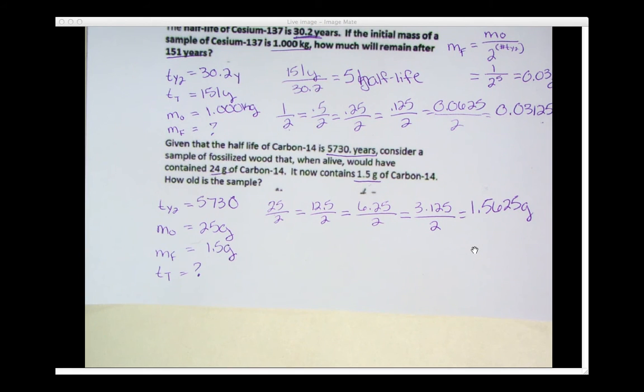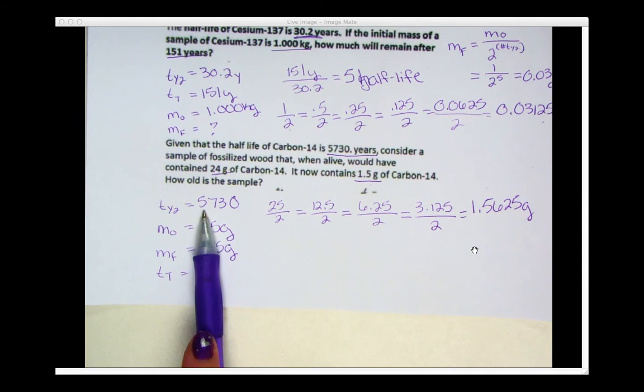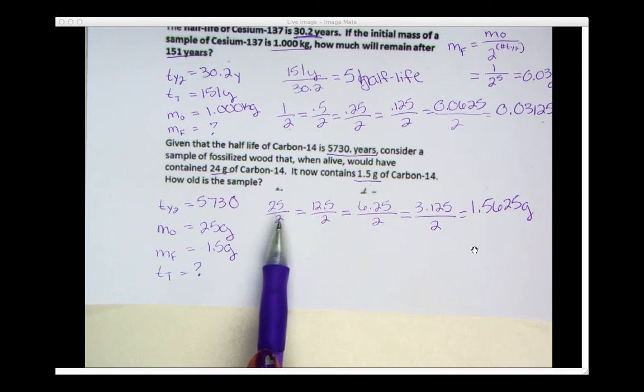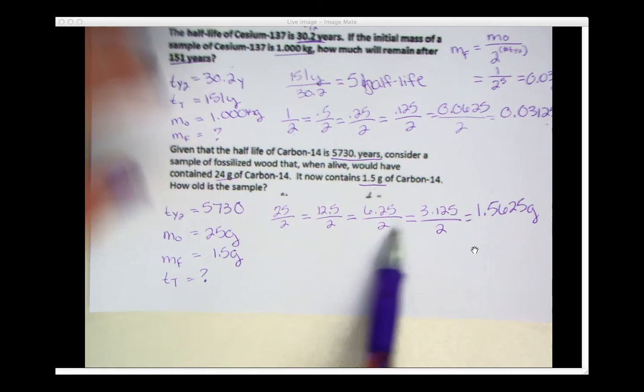So now we need to know how old the sample is. Well, if it takes 5,730 years to do 1 half-life, we're going to have to take that times 1, 2, 3, 4.